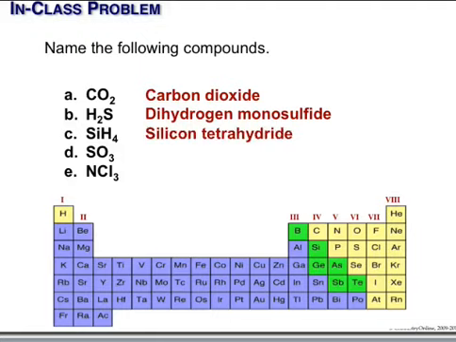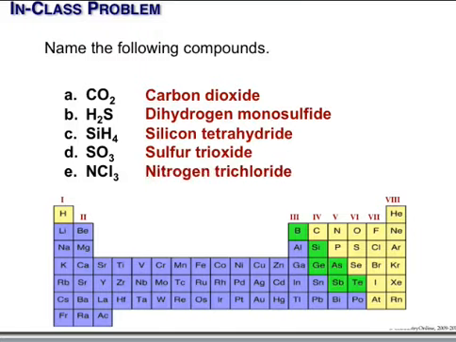We're going to have a trioxide. S is sulfur. This is simply sulfur trioxide. Once again, 3 chlorines, that's a tri. It'll be a trichloride. This is nitrogen. Again, they're both nonmetals. Nitrogen trichloride.